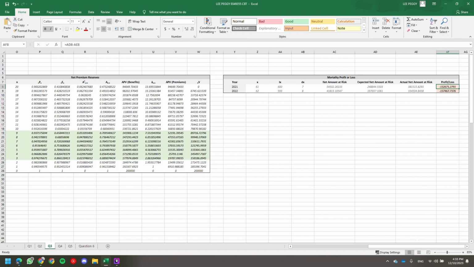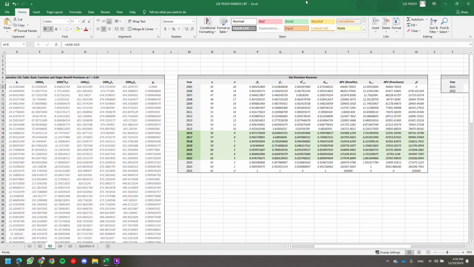In question 3, to calculate net premium reserves, we will have to obtain this value A_XN. We have to obtain these values first, which are the pure endowment APV (nEx) and also the term life insurance APV.